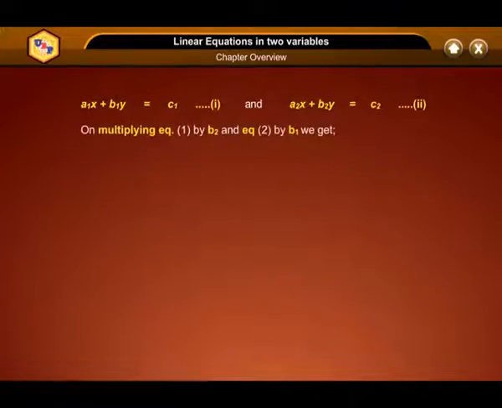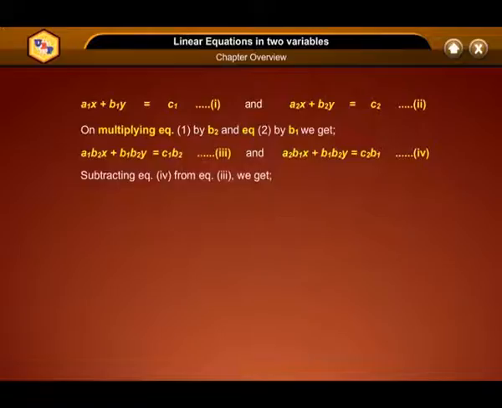On multiplying equation 1 by b2 and equation 2 by b1, we get a1 b2x plus b1 b2y is equal to c1 b2, equation 3, and a2 b1x plus b1 b2y is equal to c2 b1, equation 4.